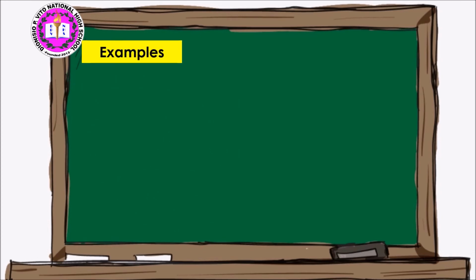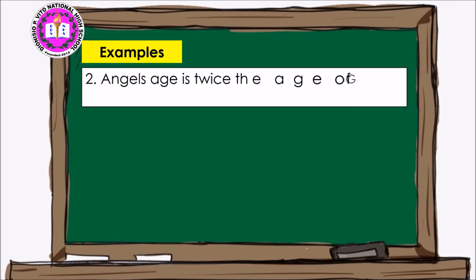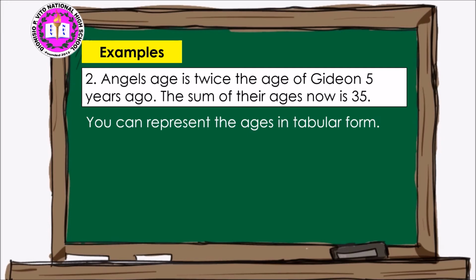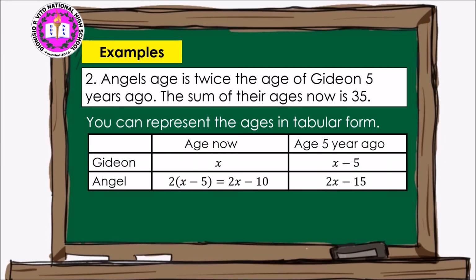Another example, Angel's age is twice the age of Gideon 5 years ago. The sum of their ages now is 35. So we can represent the ages in tabular form. Let Gideon's age now be x, and the age of Gideon 5 years ago is x minus 5.